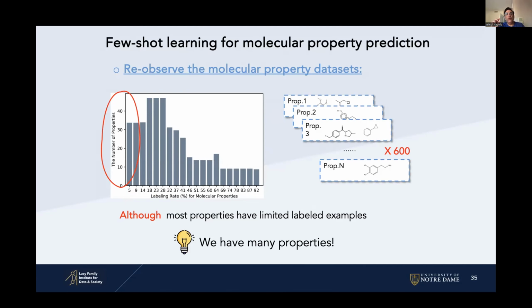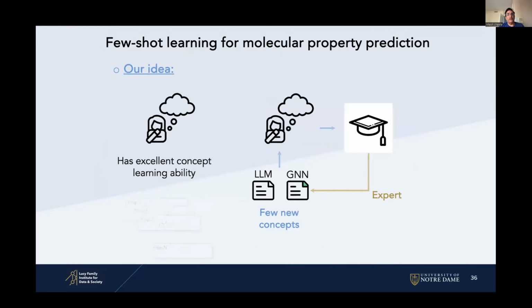What we have done is we have said that even though few properties have labels, there are many such properties in this database. Because there are many such properties in this database, and even if those few properties have labels, can we learn about those properties with each other? Because at the end of the day, they belong to a similar reaction class. So could we learn them collectively, do few-shot learning based on those labels that we have, and then improve the performance across the task?